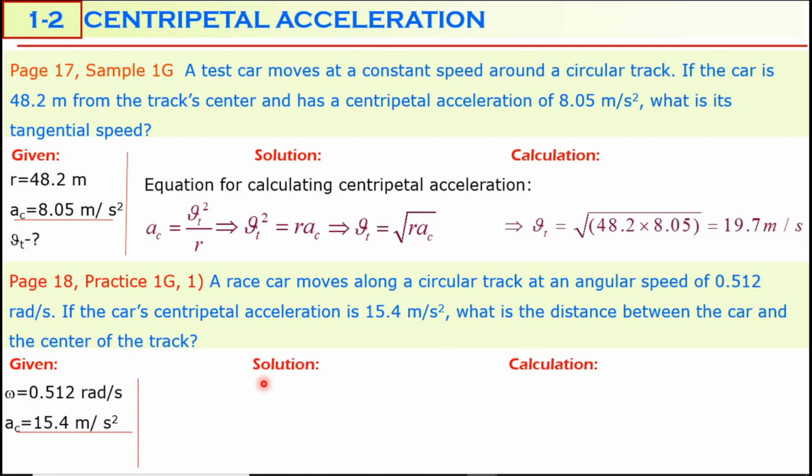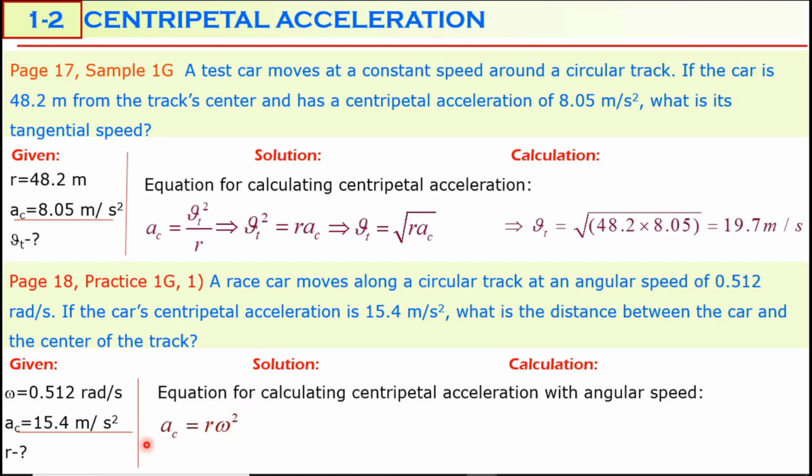What is the distance between the car and the center of the track? Of course, the distance between the object and the center of the track is called the radius. So in this case, you are going to calculate the radius. Because angular speed is given, we use the second equation, which includes omega: AC is equal to r times omega squared.